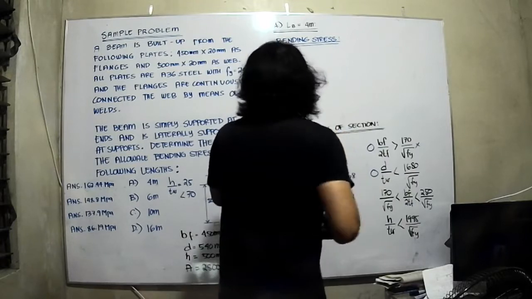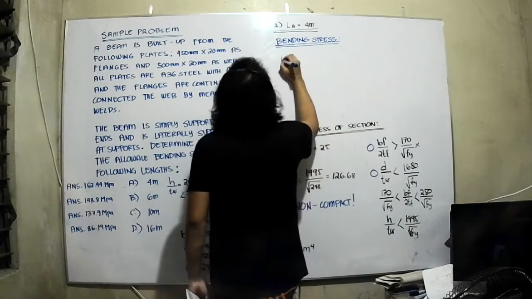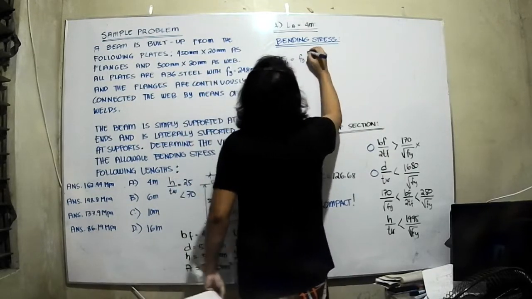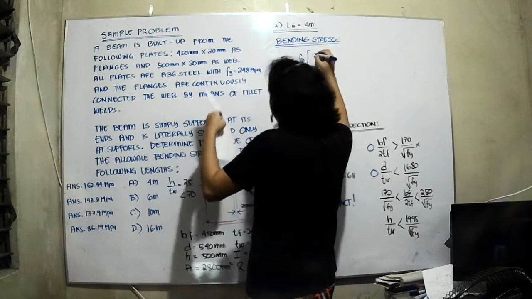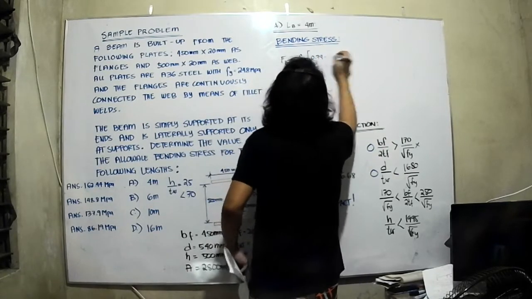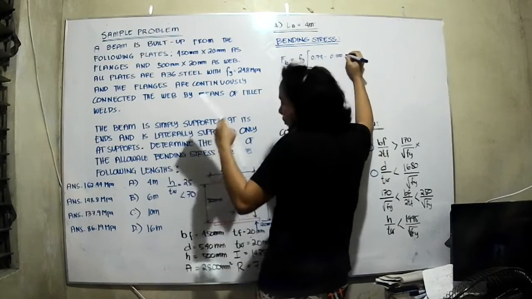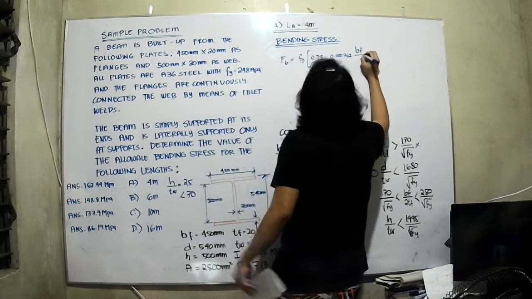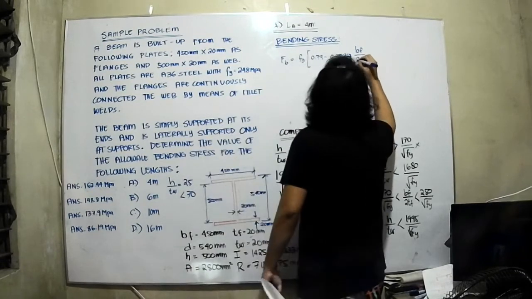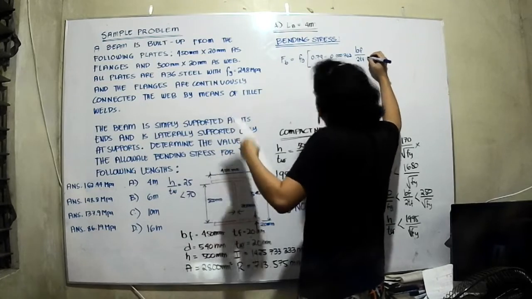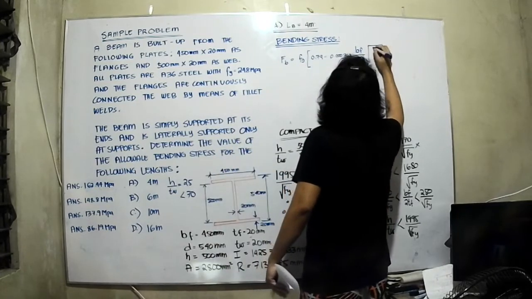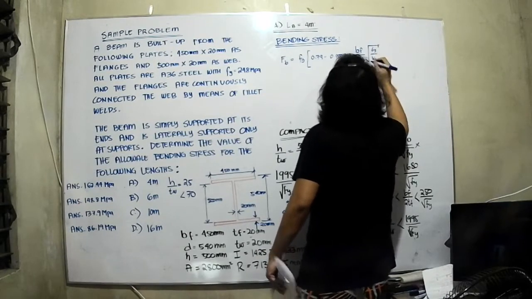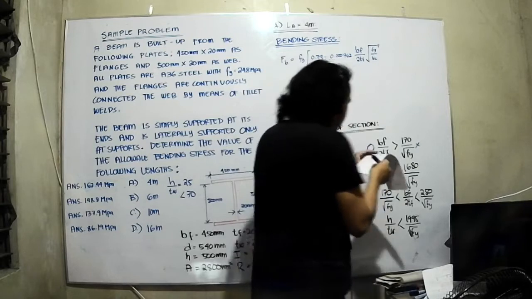To solve, ba? FB is equal to unsa? Fy multiplied by 0.79 minus 0.762 BF over 2TF multiplied by Fy over Kc, ba? But atong tan-awon daw itong number diri.